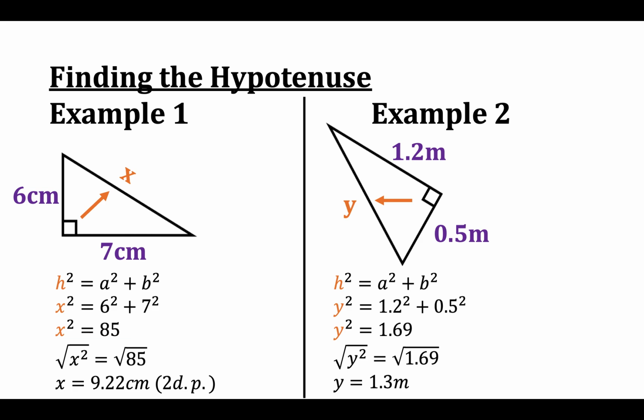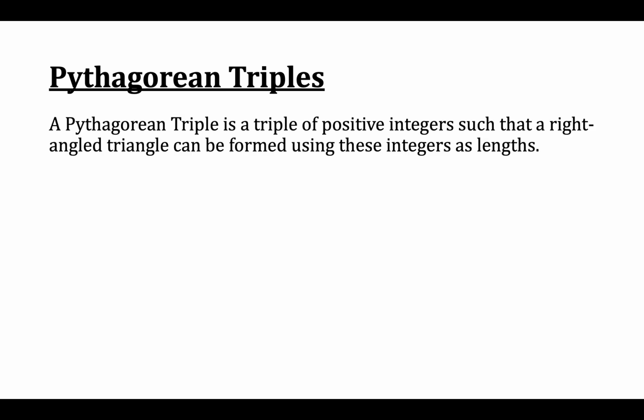Okay folks, welcome back. So now we're going to have a wee quick look at Pythagorean triples. Now a Pythagorean triple is a triple, 3 positive numbers, positive integers, such that a right angled triangle can be formed using these integers as lengths.